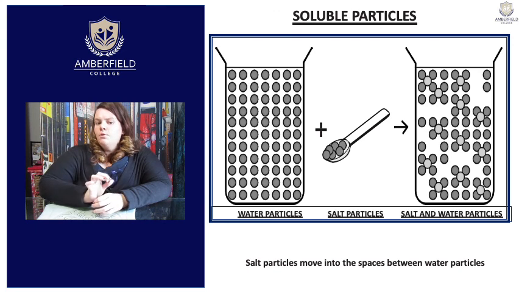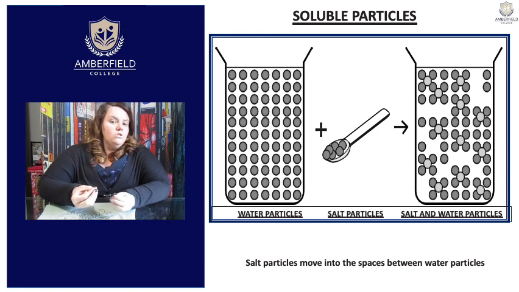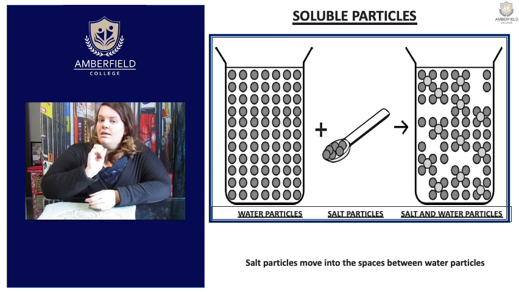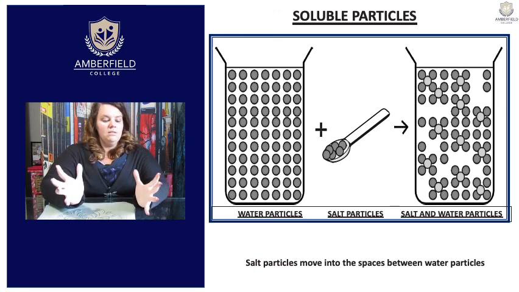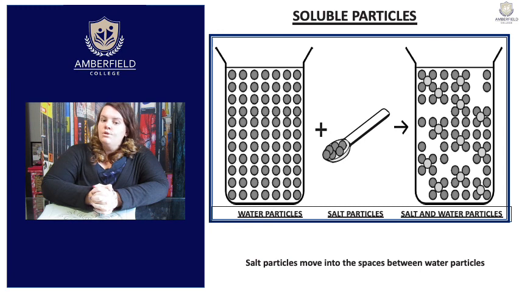So soluble meaning it dissolves. Okay, so we have a solution where two substances have become one. But there is a little bit of it still in there. It makes a change to the solution. So the substances become a new substance and we call it a solution.